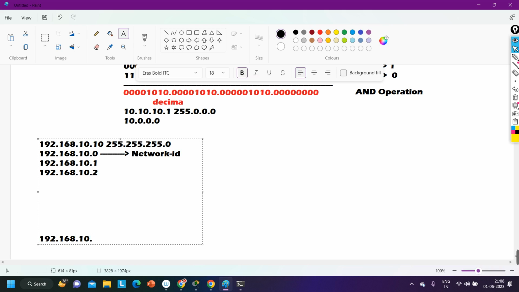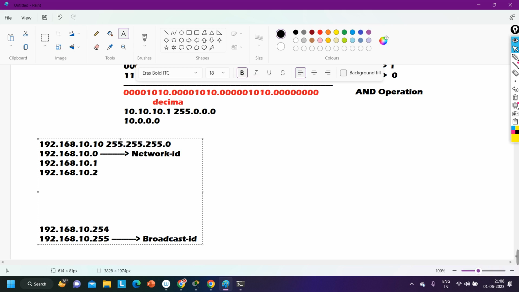Here the value will be maximum, that is 255. In one field the value can be 0 to 255. This will be the last IP address, and the last IP address is your broadcast ID. Broadcast ID means the last valid IP address is 192.168.10.254. This is the last valid IP address.